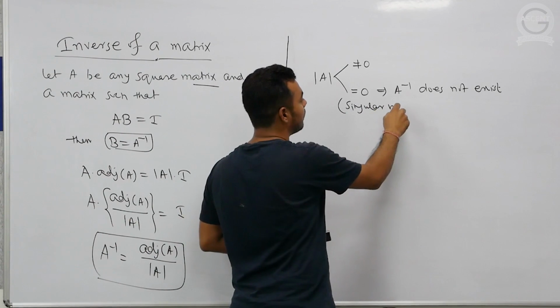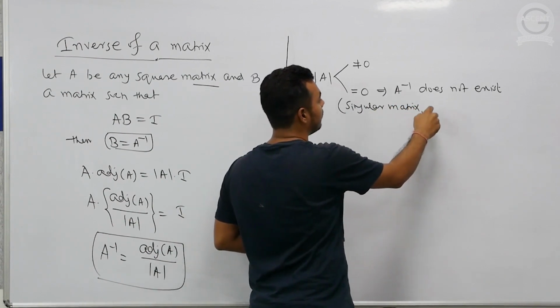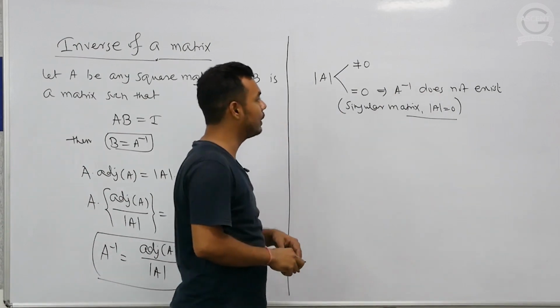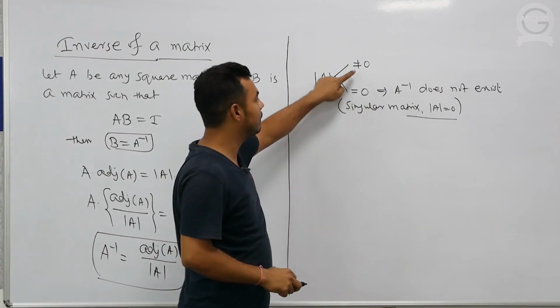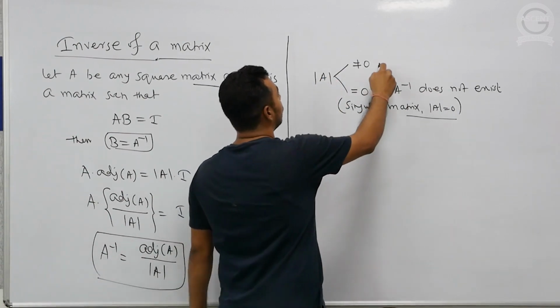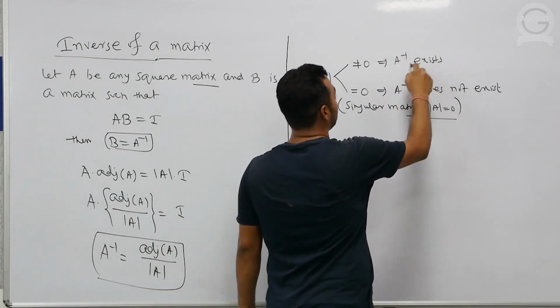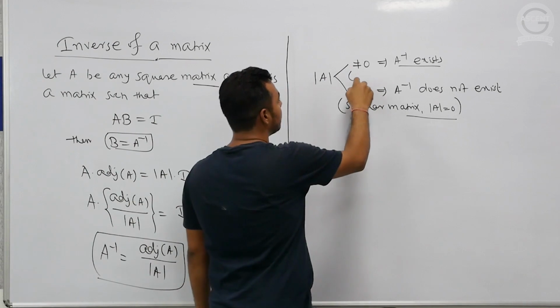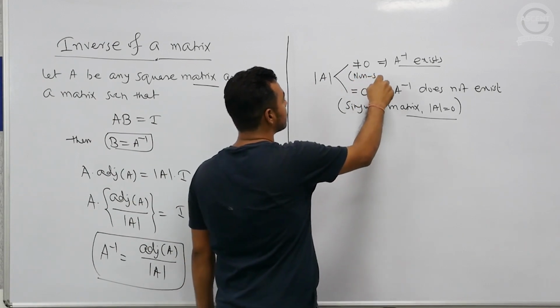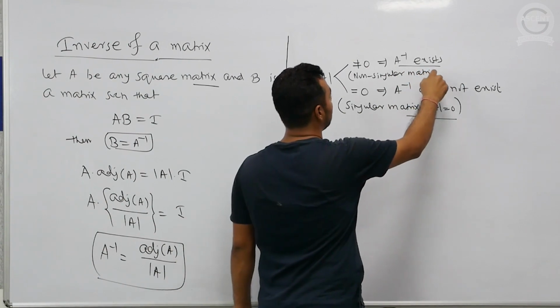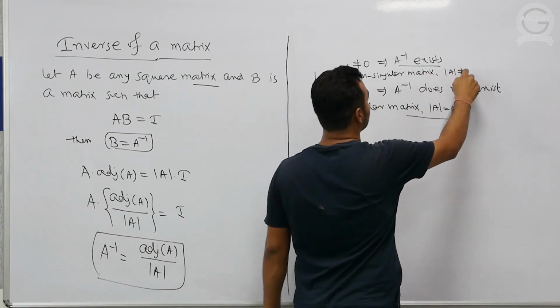So for a singular matrix, the definition is that the determinant of that matrix is 0, and the inverse will not exist. And if the determinant is non-zero, only then A inverse will exist. And if the determinant is non-zero, then the matrix is called a non-singular matrix. So for a non-singular matrix, the condition is that the determinant of that matrix is non-zero.